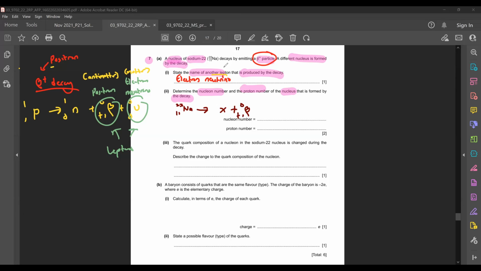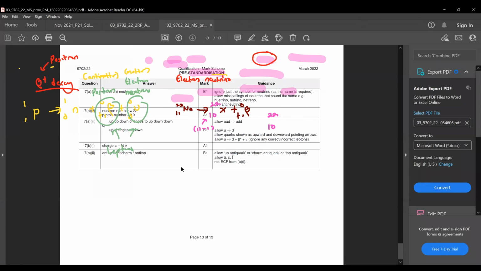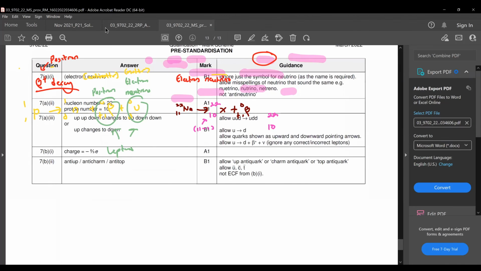So I want to balance the proton number and the nucleon number. This one here will be 11 minus 1, giving me 10. And then this one will be 22 minus 0, giving me 22. So therefore, your nucleon number is 22. Your proton number is 10. Let me just double check for you. Yes, it's 22 and 10.